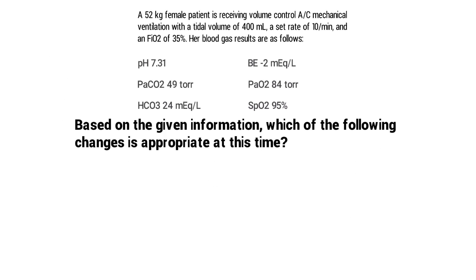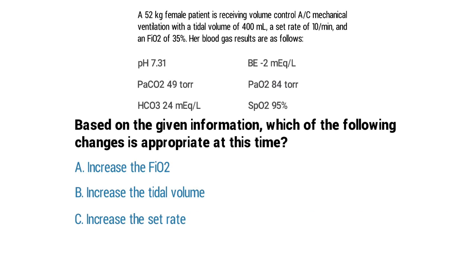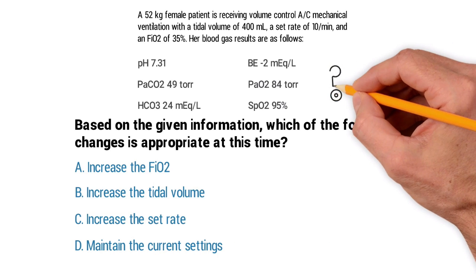Based on the given information, which of the following changes is appropriate at this time? A. Increase the FiO2. B. Increase the tidal volume. C. Increase the set rate. Or D. Maintain the current settings. Do you know the answer?